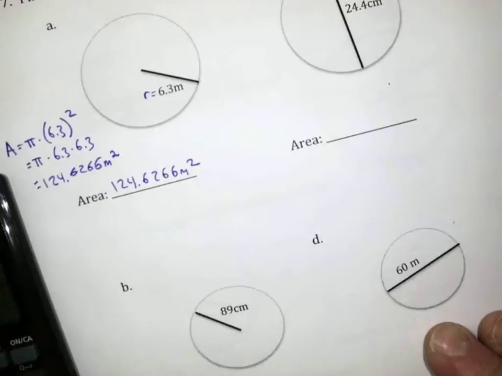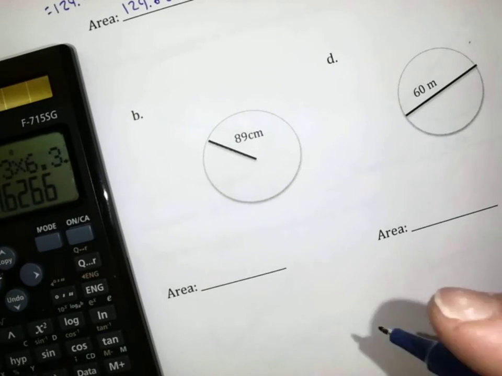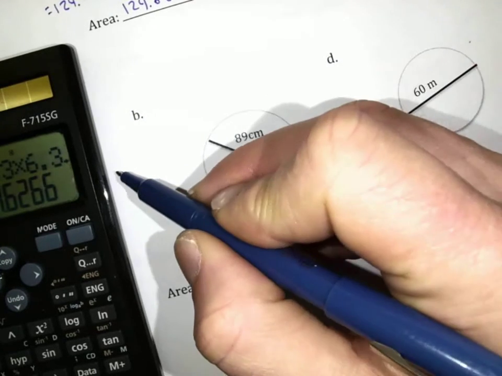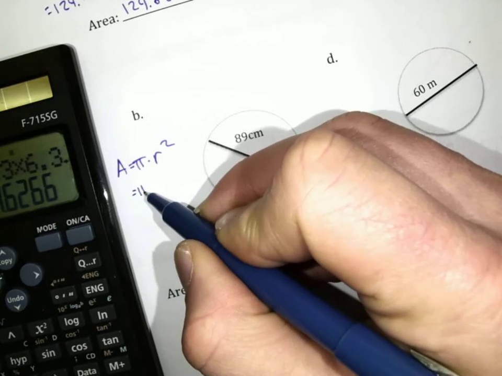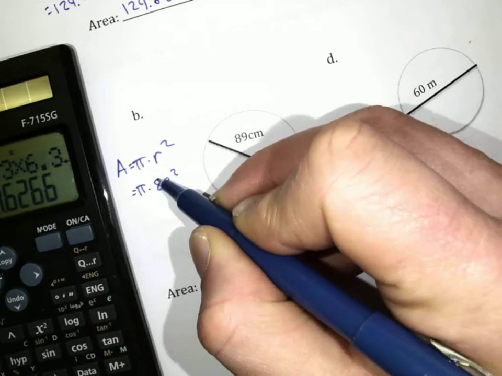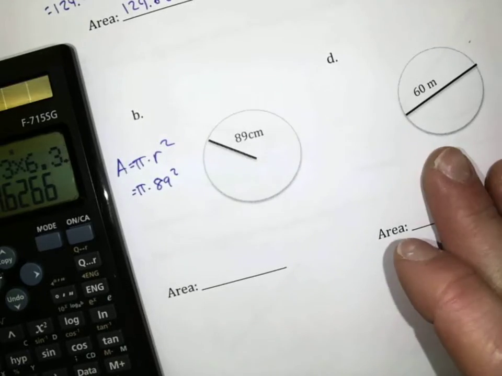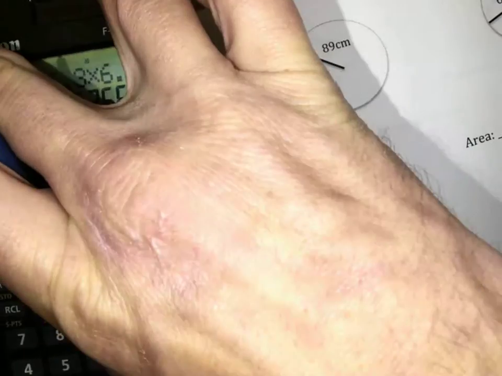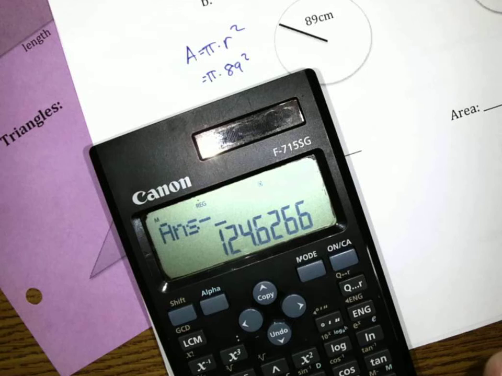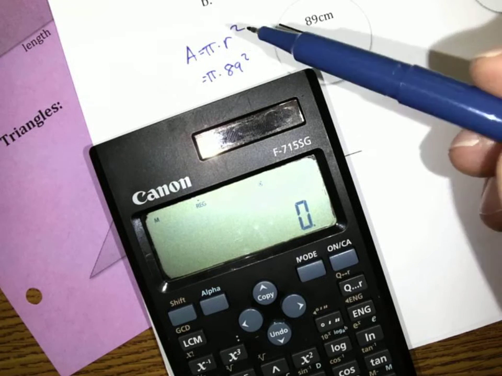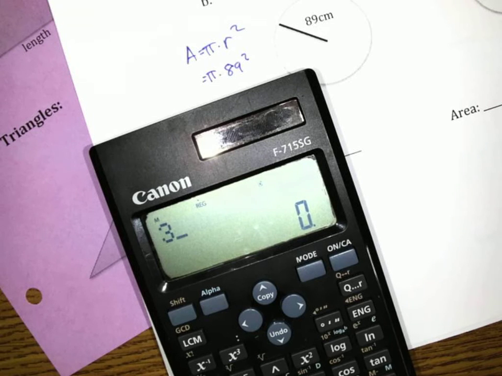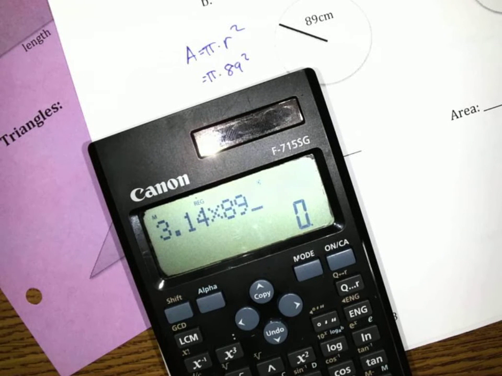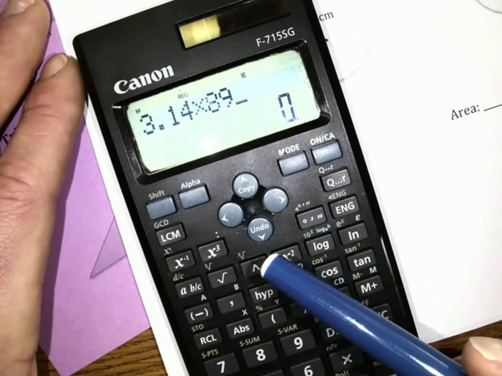So maybe we'll move on to B just to keep in order. Similar situation. We have area is equal to pi times the radius squared. Pi times 89 squared. Different calculators have different ease with squaring numbers, and this calculator happens to have a button for squaring. So this time, instead of doing 89 times 89, I'm going to write pi times 89, and press the x squared button, which is right here.